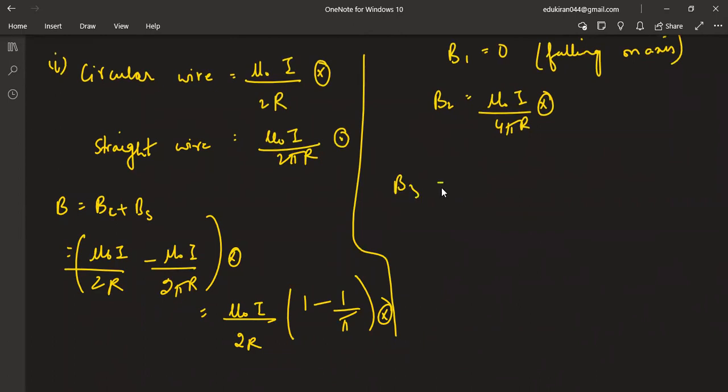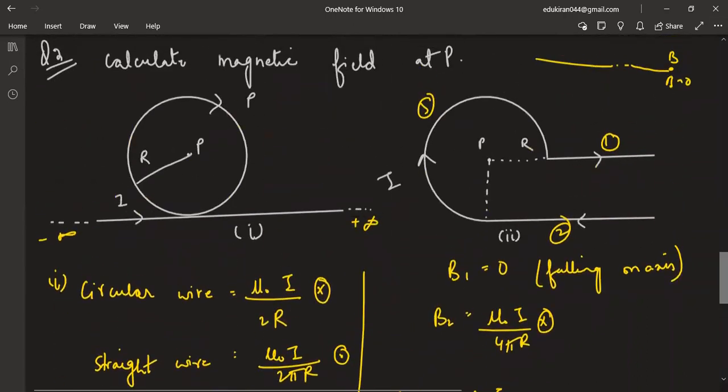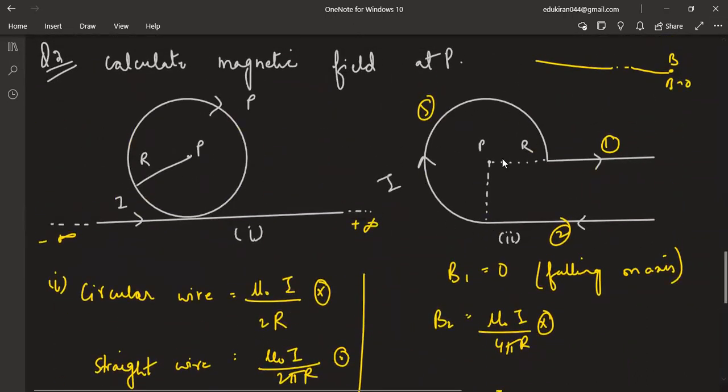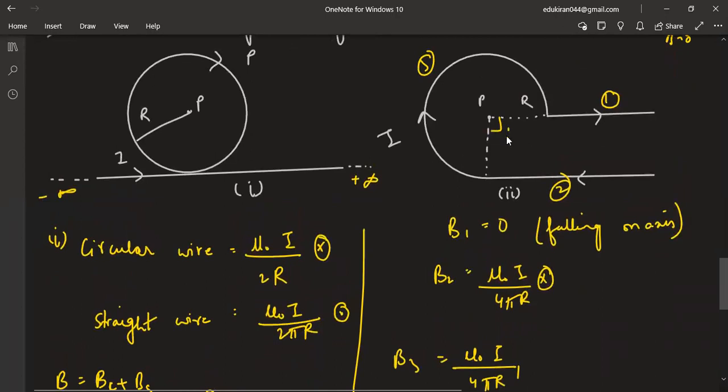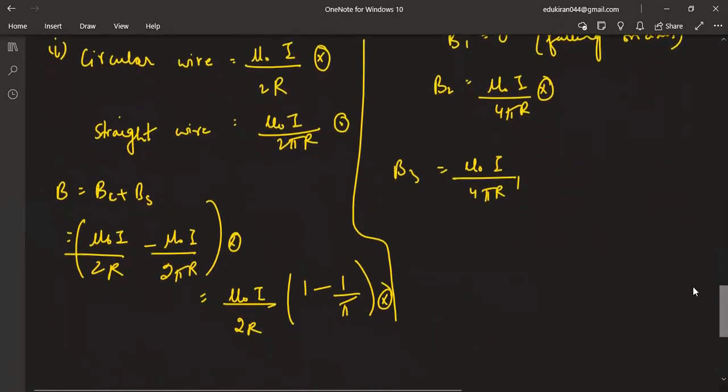So mu naught I by 4 pi r, multiplied by alpha, the angle that is subtended. How much angle is the arc subtending? The entire is 2 pi, from which you have subtracted pi by 2, this part being 90 degrees. So how much will be left? 3 pi by 2, right?